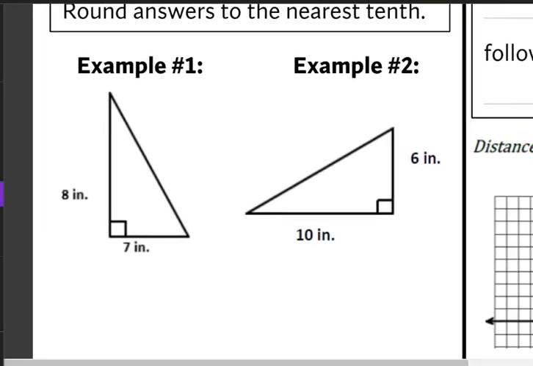Okay, so let's jump into example number 1 here. If you don't have a calculator yet, please go and grab it now. You're going to need that calculator. It's going to be able to do the squares and the square roots for you so that you don't have to do that. Okay, so this first one, we have this triangle with a leg length of 8 inches, a leg length of 7 inches, and then we don't know the other side.